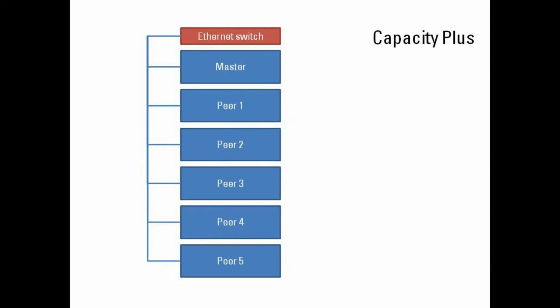The repeaters are connected via a standard Ethernet switch. One of the repeaters is configured as a master. The master acts as a registration point for the peer repeaters, but does not control the activity on the site.